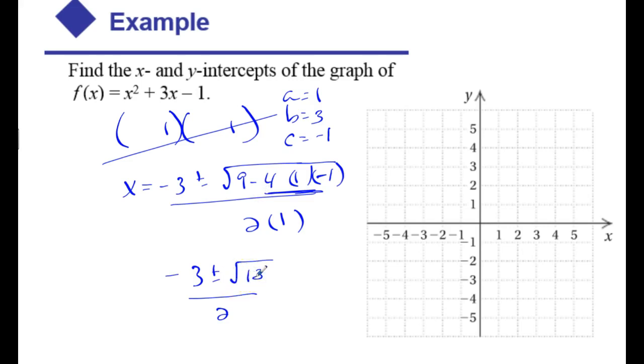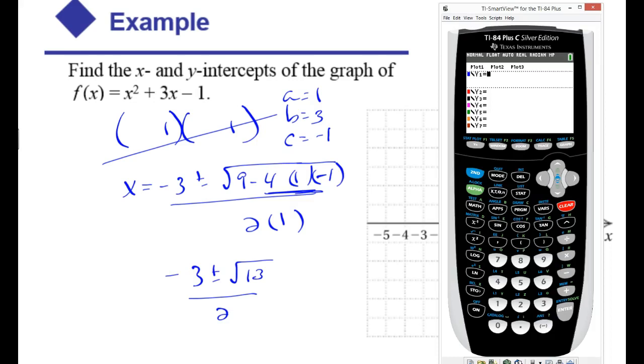That does not reduce, so I'd probably just go to my calculator and figure out what -3 plus the square root of 13 is. I should probably put that in parentheses. And divide that by 2.